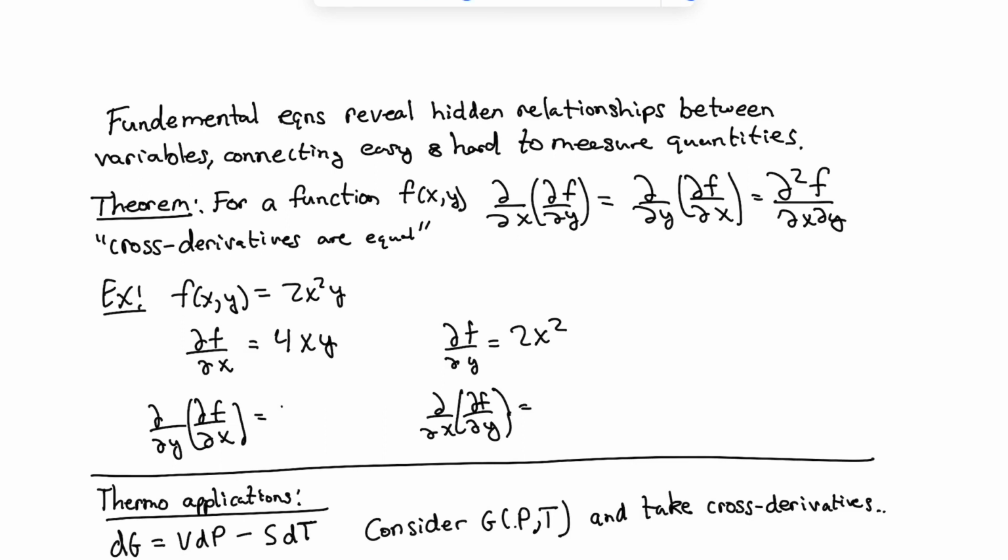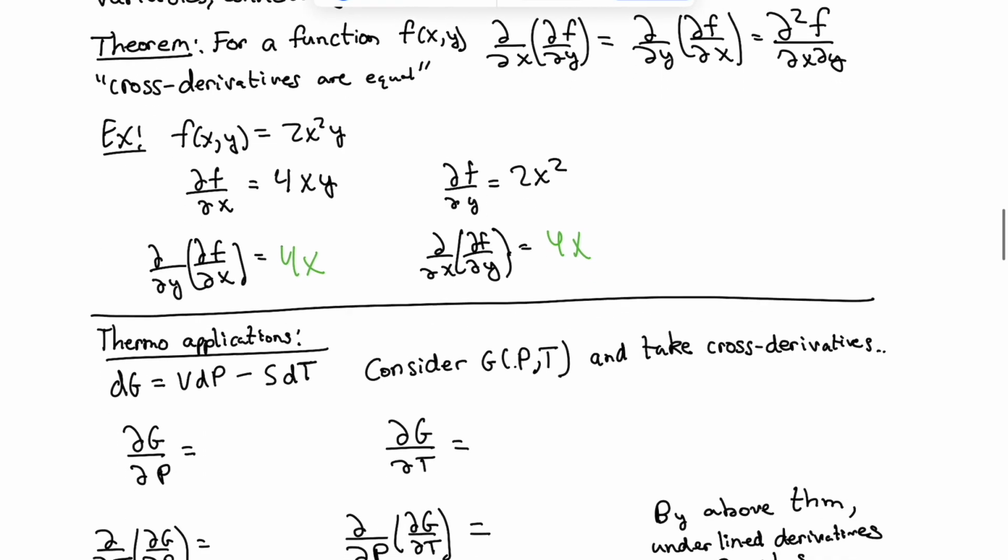That is just my nice 4x here. And similarly, if I take the derivative with respect to x of this, 2x squared times 2 is 4x. Again, we're not going to prove it here. This is just an example, but it is a very, very powerful result, and we're going to use it here to figure out some of these very hard to calculate directly quantities.